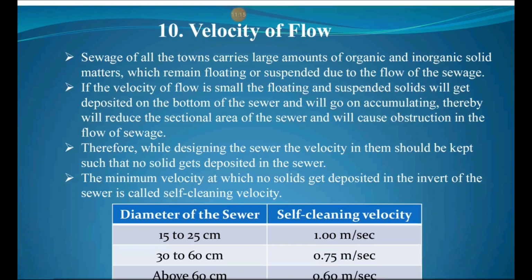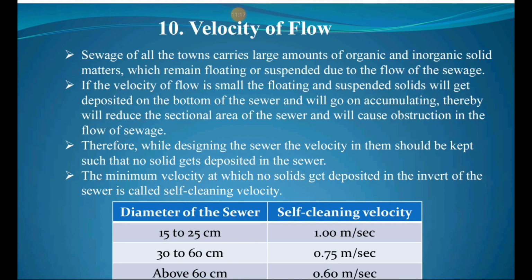Velocity of flow. Sewage of all towns carries a large amount of organic and inorganic solid matter, which remains floating or suspended due to flow of the sewage. If the velocity of flow is small, the floating and suspended solids will get deposited on the bottom of the sewer and will go on accumulating, thereby reducing the sectional area of the sewer and causing obstruction to the flow of sewage.